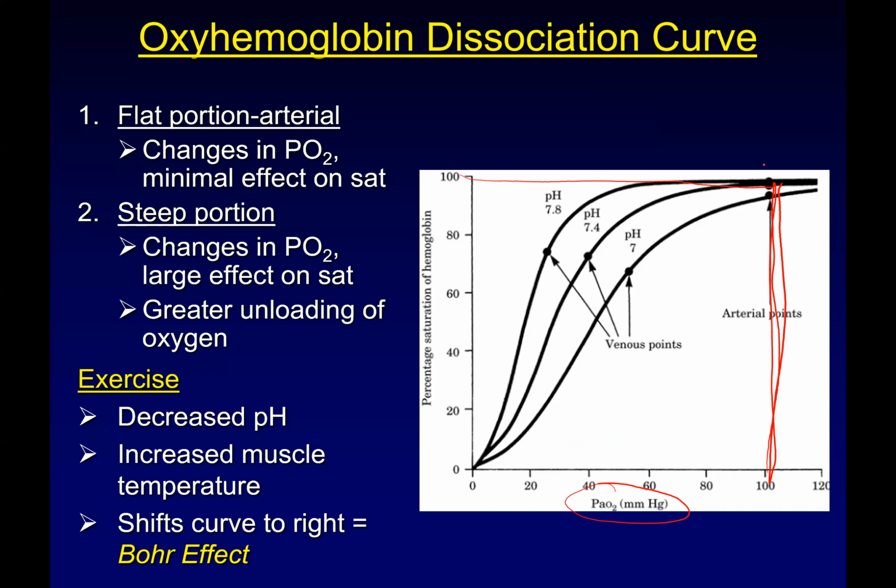And so that's going to be good. This means that oxygen is going to tend to want to go there. And then as we make the partial pressure of oxygen fall, which is what's going to happen out in peripheral tissues during exercise, then oxygen is going to want to leave the hemoglobin, okay, and come off into our particular tissues.